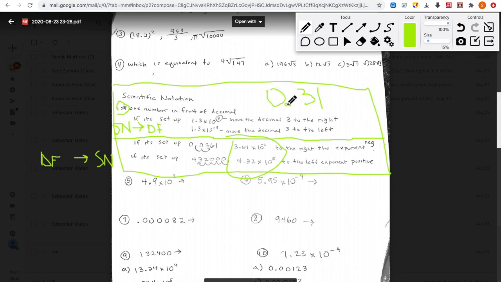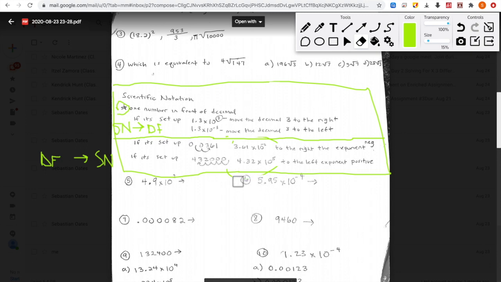So what we'd have to do is move the decimal over again so we have the number 3 in front of it. So the big important piece of information so far is that we need to make sure we have exactly one digit in front of the decimal, and that digit cannot be 0.